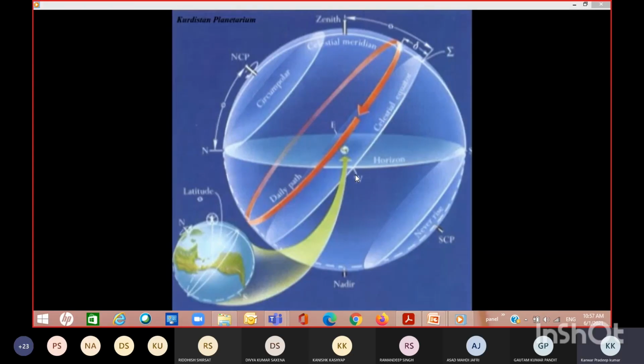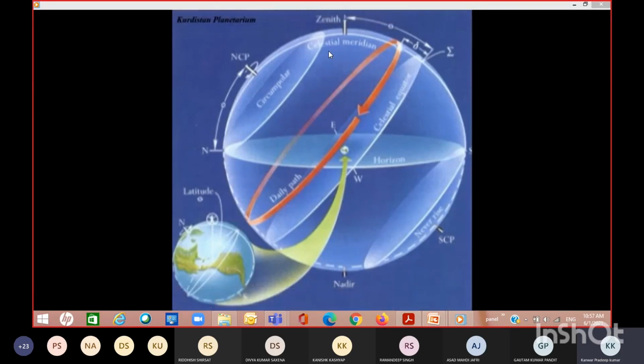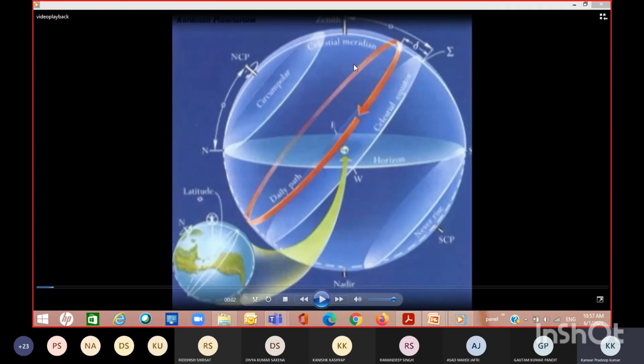Am I right? So the vertical circle which is passing through the east and west points and the nadir and the zenith is called the prime vertical. Very soon in another diagram you will understand if you have not understood this point.